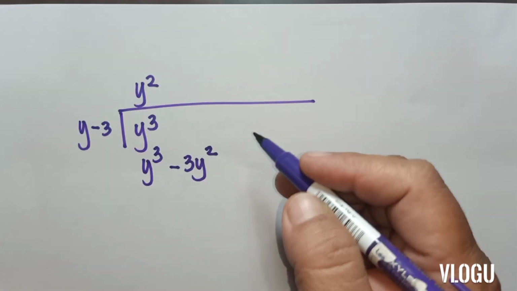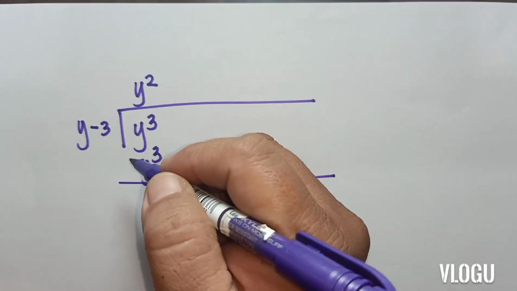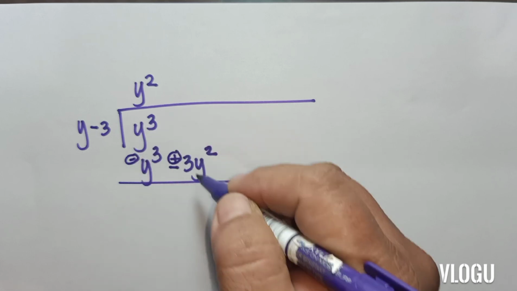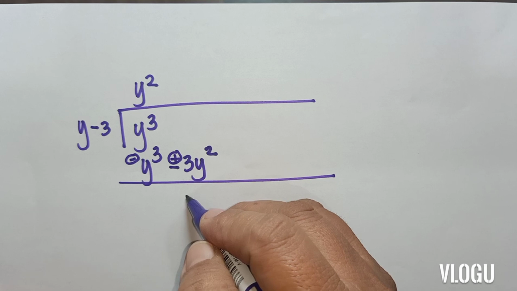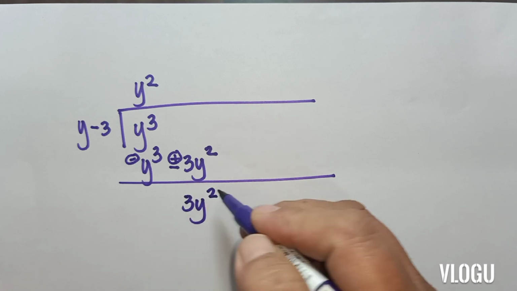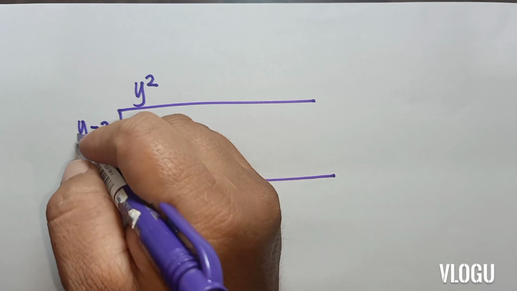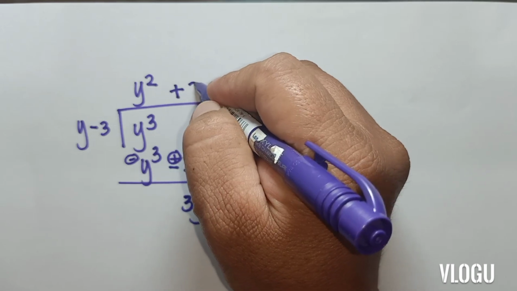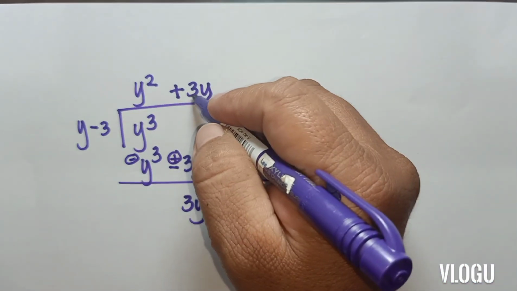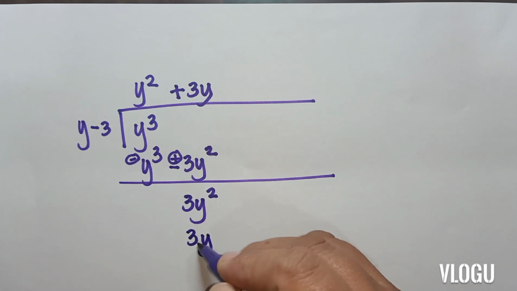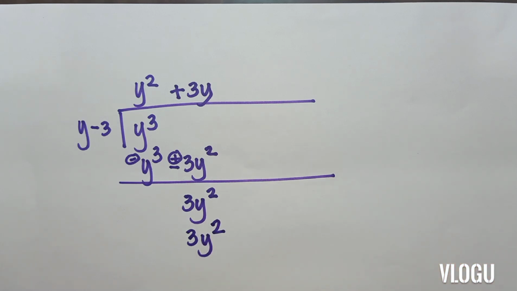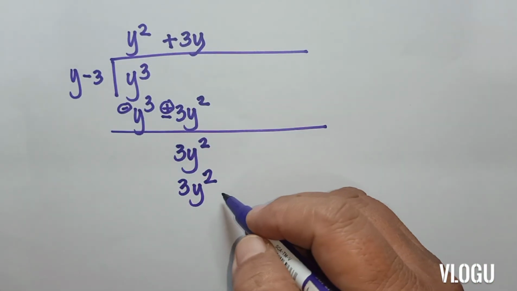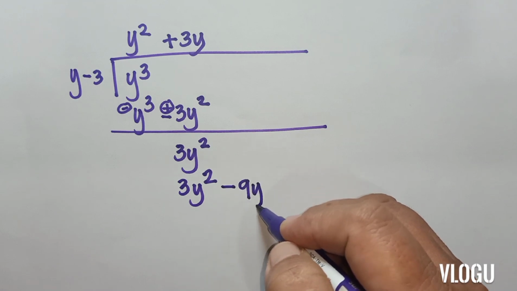Change the sign, so that is 0, and we have plus 3y squared. 3y squared divided by y gives plus 3y. 3y times y is 3y squared. 3y times negative 3 is negative 9y.